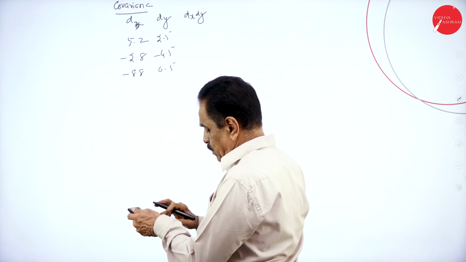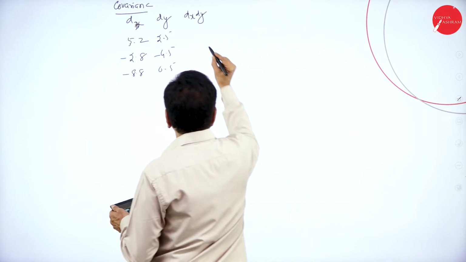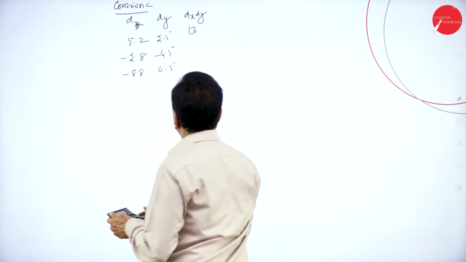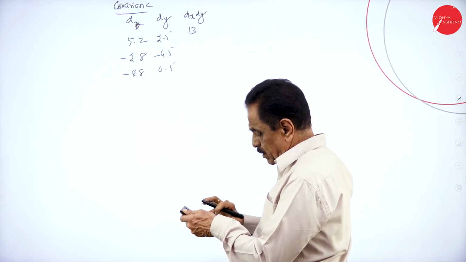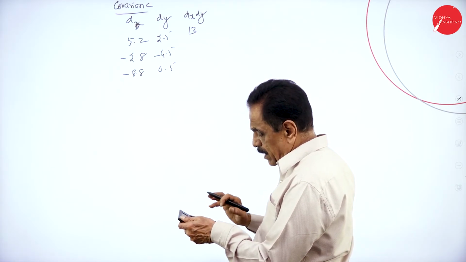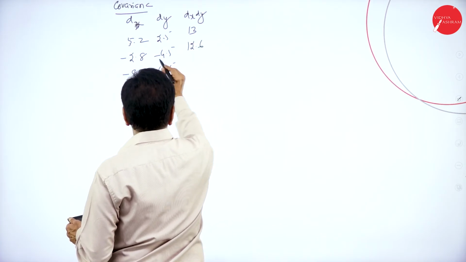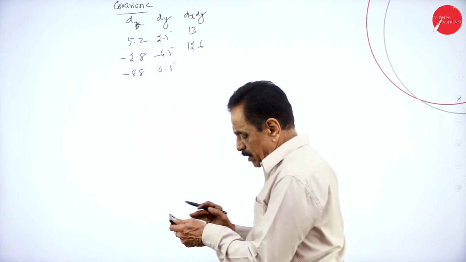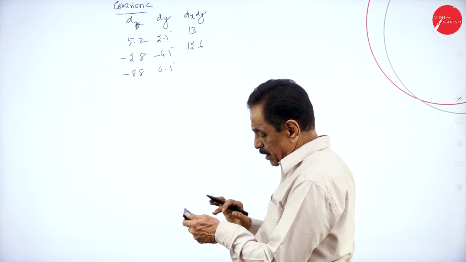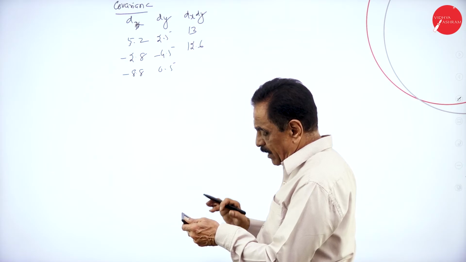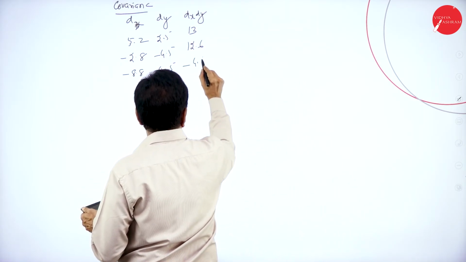2.5 into 5.2 is 13. 4.5 into 2.8 is 12.6, minus into minus becomes plus. 8.8 into 0.5 is minus 4.4.